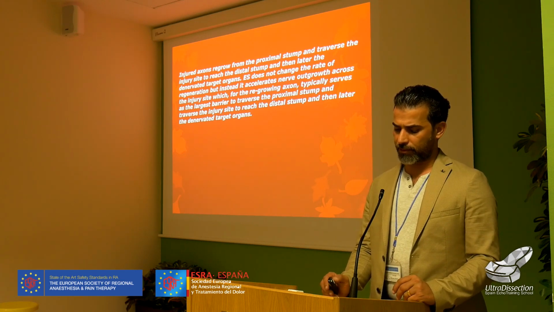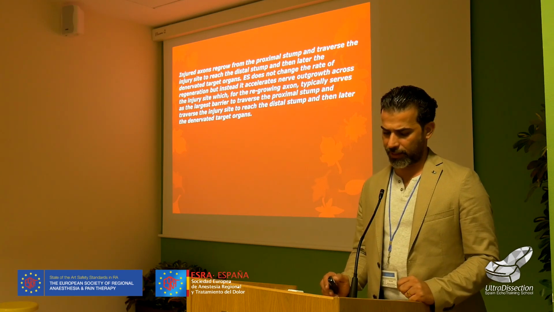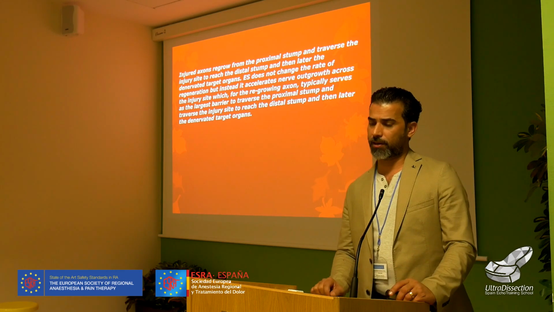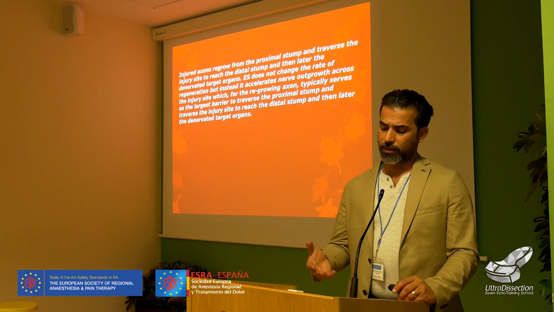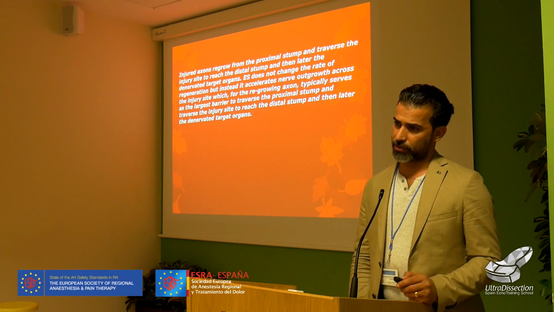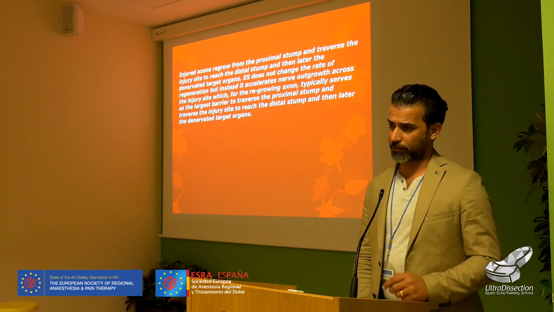So here, this is the aim of electrical stimulation: to accelerate. It never changes the rate of the regeneration because that depends on the Schwann cell and mitochondria inside the nerve.